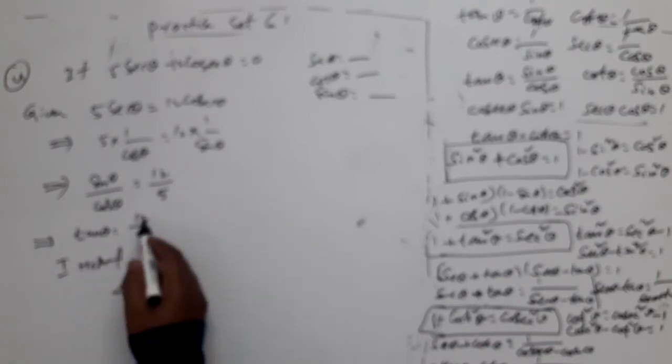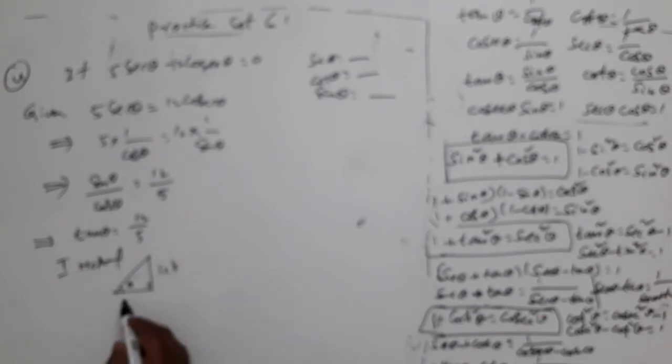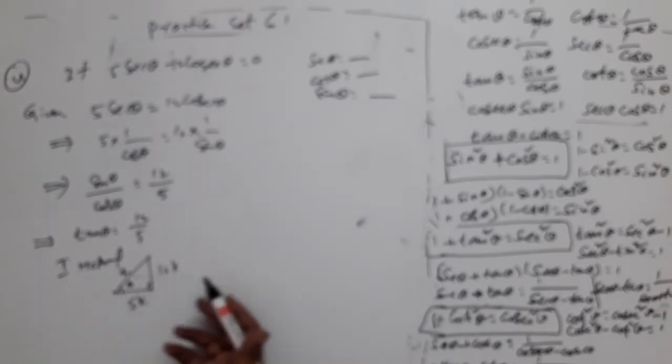The first method is using the K method. So this is theta, let us say this is 12K. Tan theta is opposite by adjacent. Opposite is 12K, adjacent side is 5K, let us say. Let the other side be X. Then use the Pythagoras theorem to find the value of X. X square, that is hypotenuse square, is side square plus side square, that is 5K whole square plus 12K whole square.